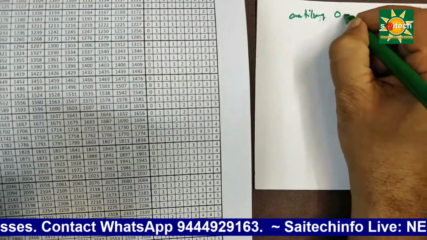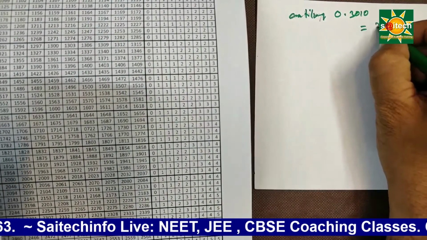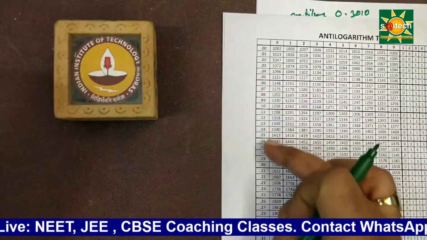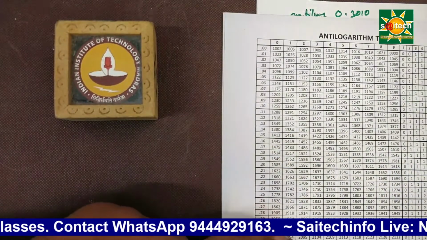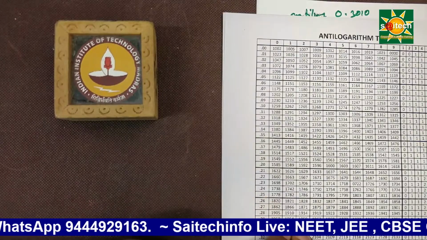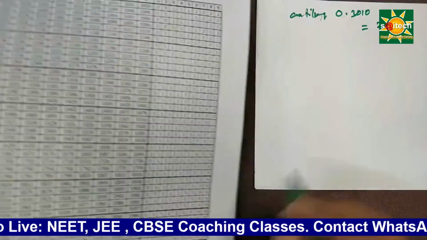anti-log of 0.3010 means that is 2.30. Where is 30? 30 and 301. So 301 means 2000.